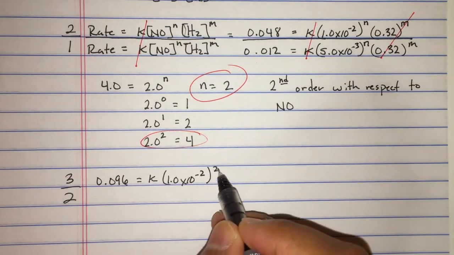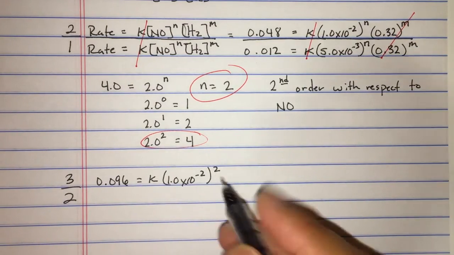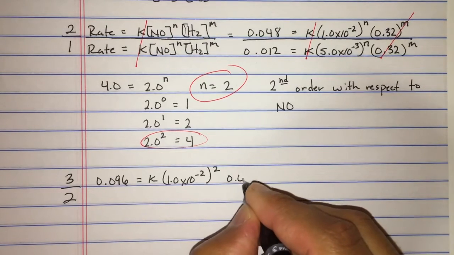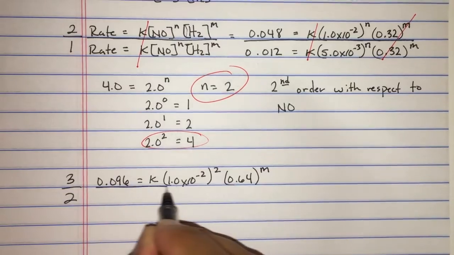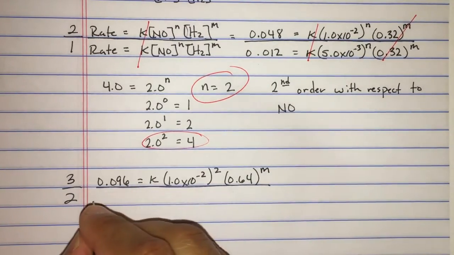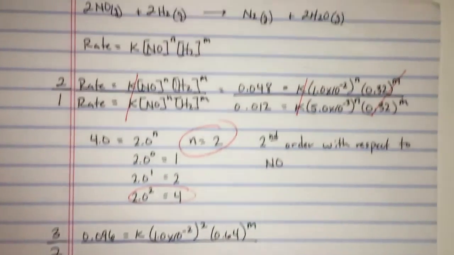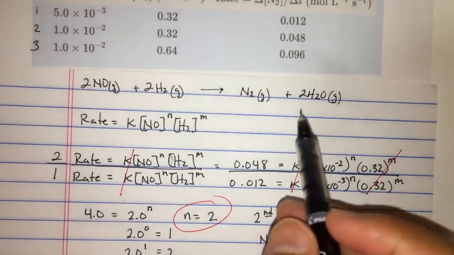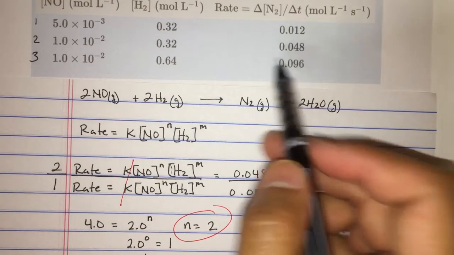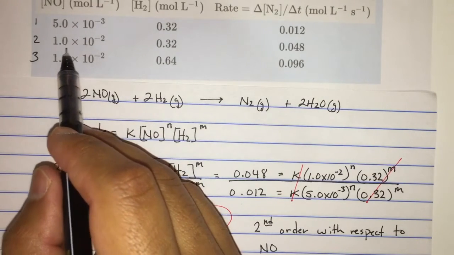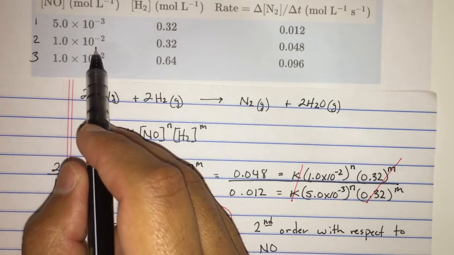And this is squared. Remember, we've already solved this power. For experiment 2, go back up, the rate is 0.048, and NO is 1.010 to the minus 2.